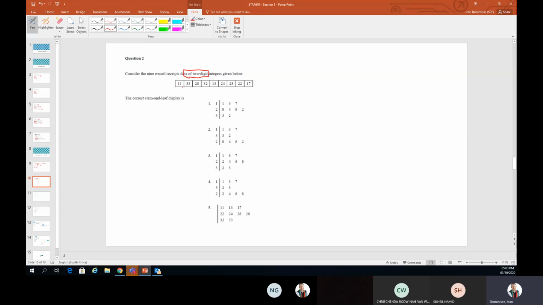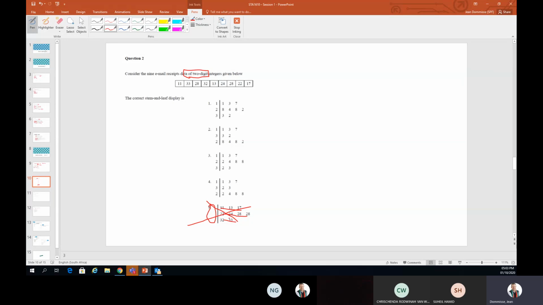So when we look at that data, this is not an option, because stem and leaf tells us there needs to be a stem, so with numbers that has leaves on them. And this one actually just has leaves, so there's not a stem associated.